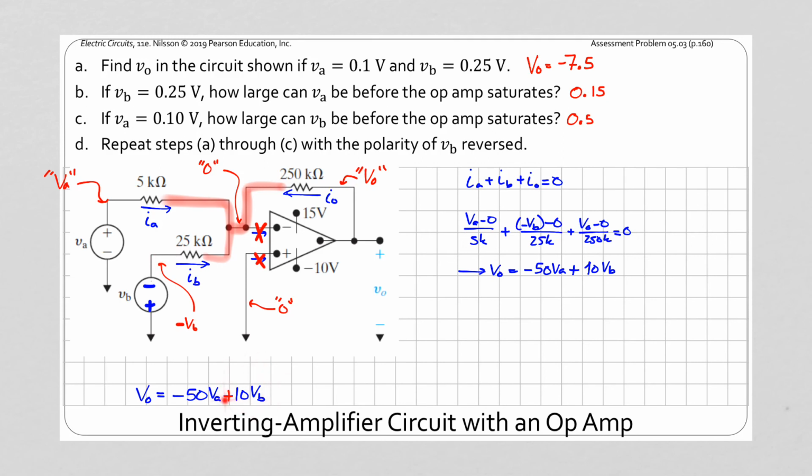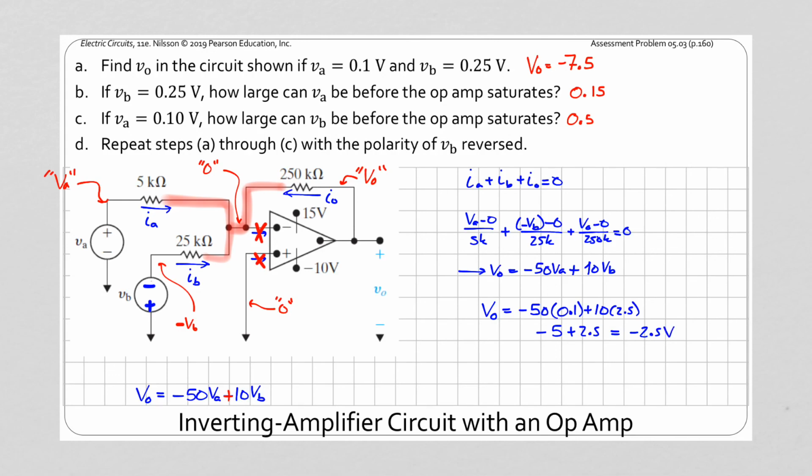We've accounted for that in the equation. This VB here is the amount, and we accounted for the polarity with the negative sign already, and so we can just plug the values for VB into this equation. So for example, for the first part the second time around, we get negative 2.5 volts this time.